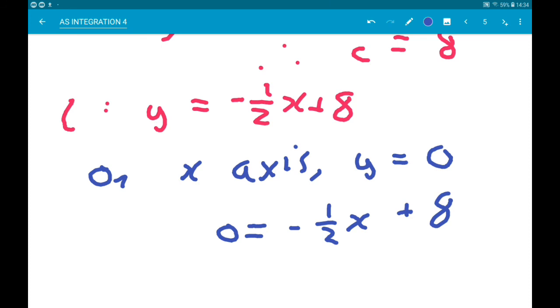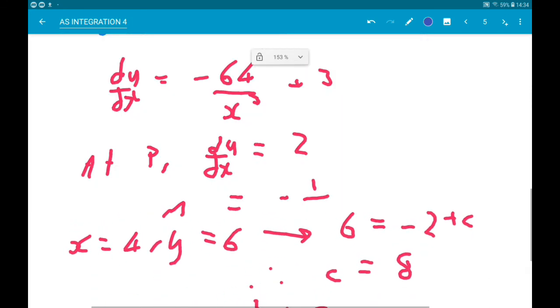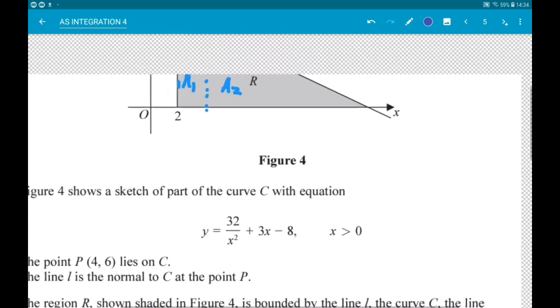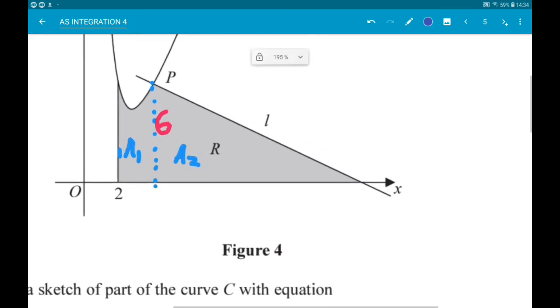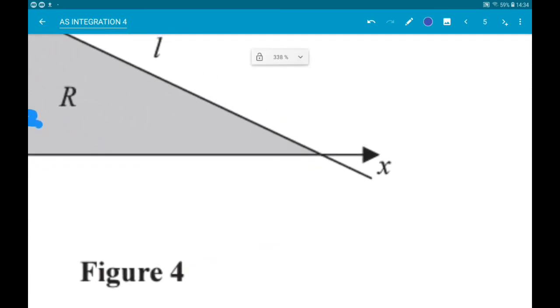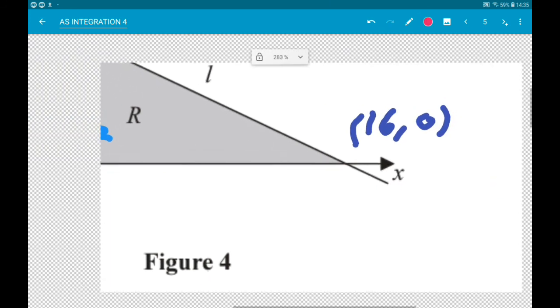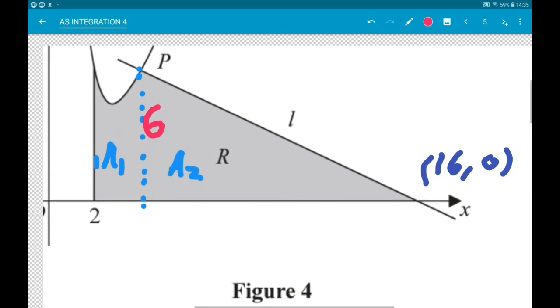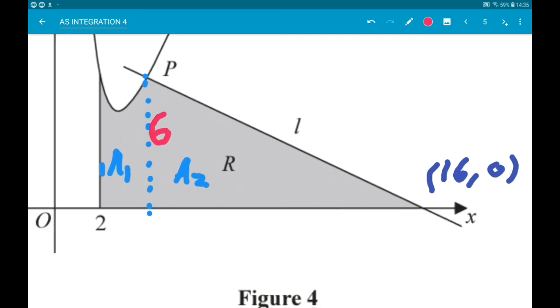Now that tells us then x is 16. Okay, so now go back to the diagram. We now know then that the x-intercept is (16, 0). Now, the actual length of the triangle goes from x equals 4 to x equals 16. So the base length is 12.